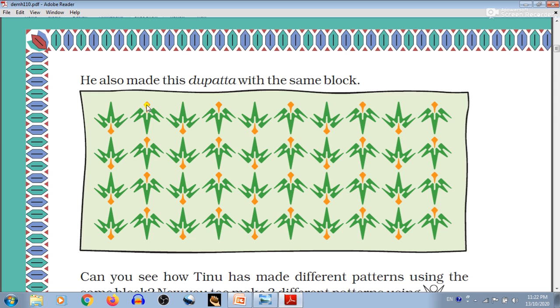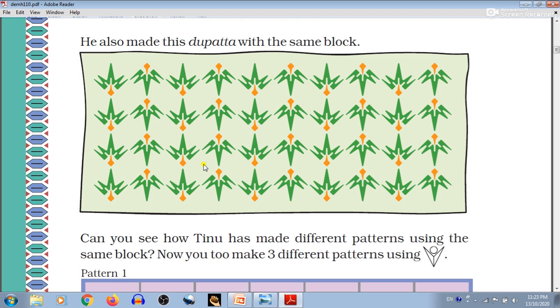Here the blocks become downward, again blocks become upward. So in the first column blocks were upward, in the third column again they have become upward, and in the fifth column again they have become upward. It means it is repeating after a particular gap. So this kind of pattern is called a repeating pattern.